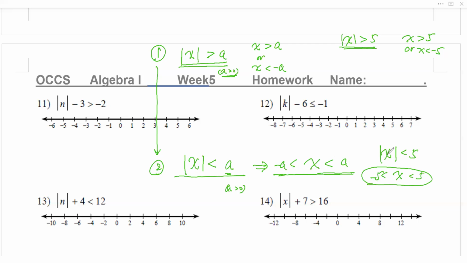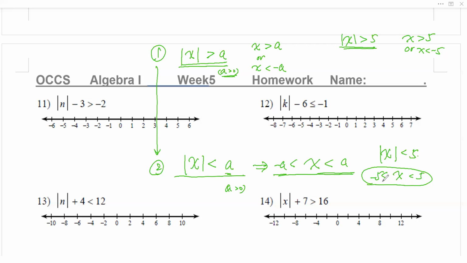Try to check this one, because you can pick any number here. Simply say negative 4. So negative 4 meets this situation, right? Negative 4 absolute value became 4. 4 less than 5. Negative 4 is in between negative 5 and 5, right? So if you pick 6, absolute value is 6. 6 greater than 5, so it's outside.